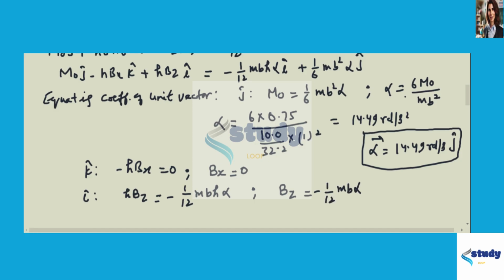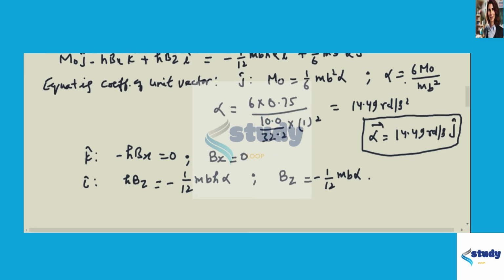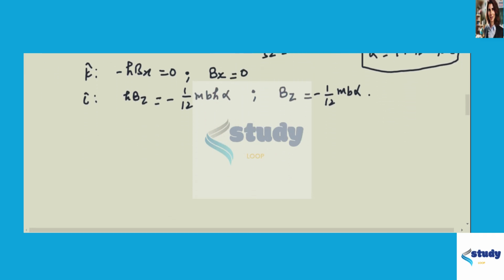Now substitute the value. So Bz you will get minus 1 by 12, mass is given 10 by 32.2, b is given 1 foot, and alpha we have measured 14.49.